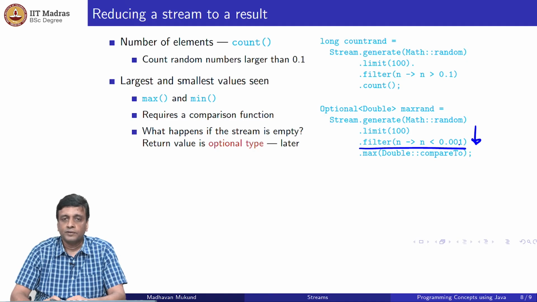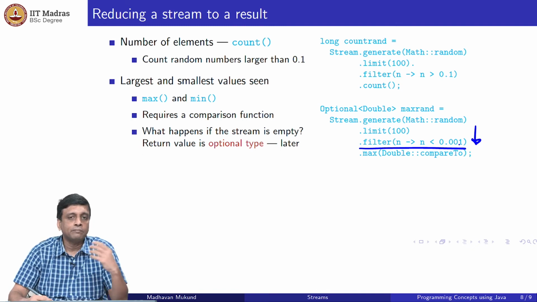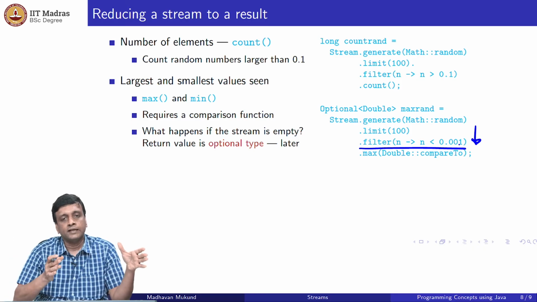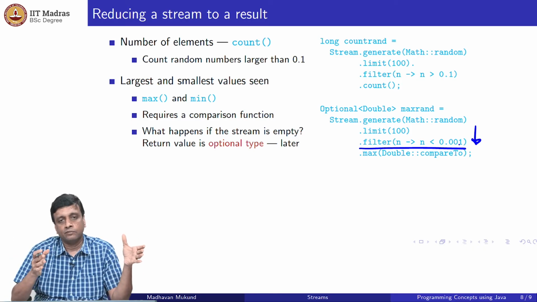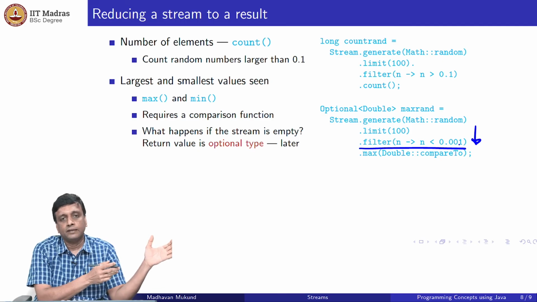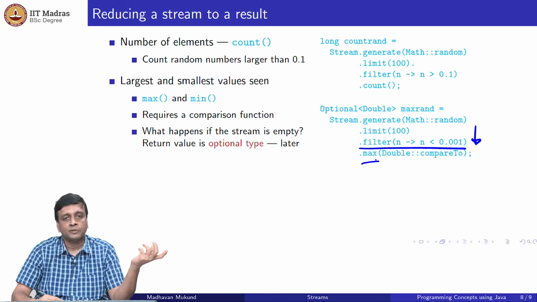So if none of them are that small, then the effect of this filtering will be to produce an empty stream. I start with 100 random numbers and then I am filtering them through this very selective predicate which looks for very, very small ones, but it is possible that in a random sequence of 100 none of them meet it, and then I produce something which is empty, and now I ask max to find the maximum of an empty sequence.